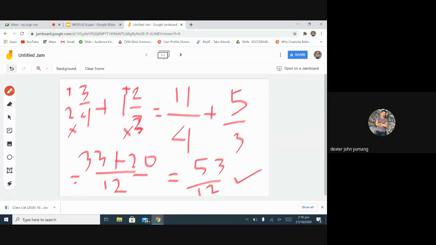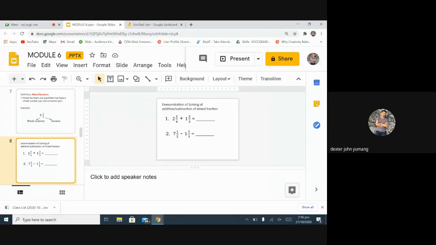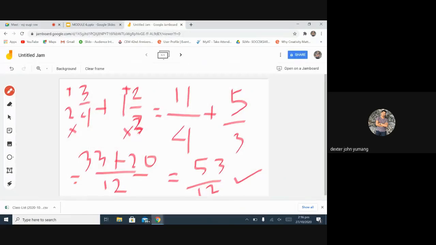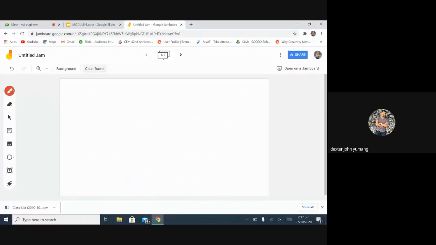Okay, next. Another example. So 7 and 1/2 minus 1 and 1/3. So, gawin muna nating improper ang 7 and 1/2.